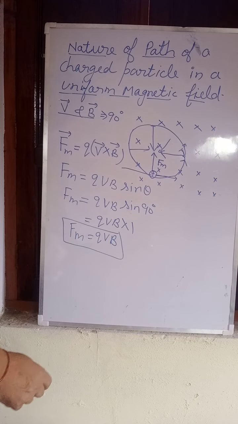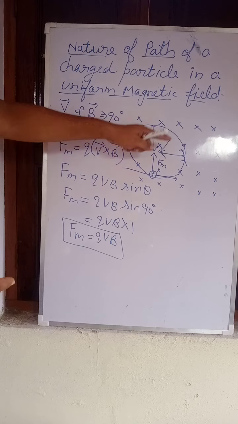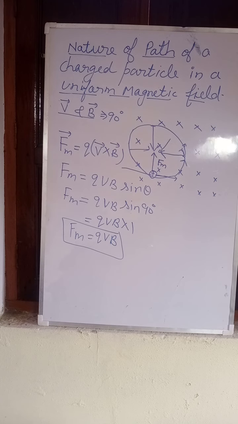Second thing, in this case, when the charged particle moves on a circular path, we find some physical quantities. First, the radius of this circular path.